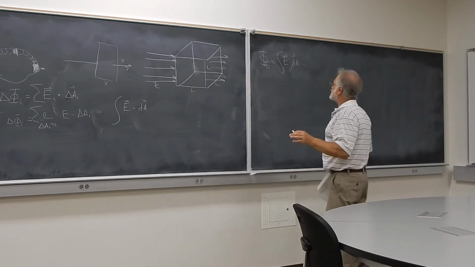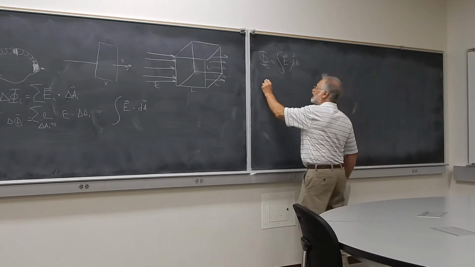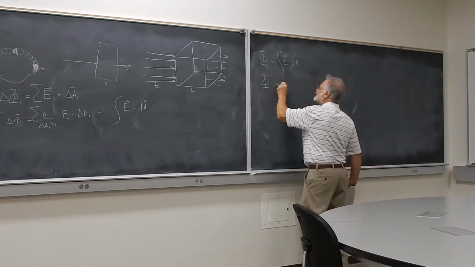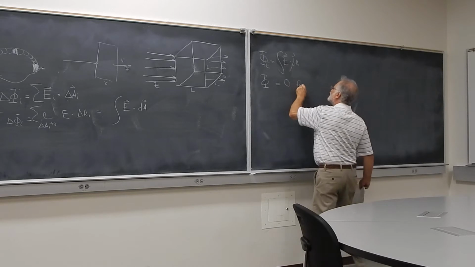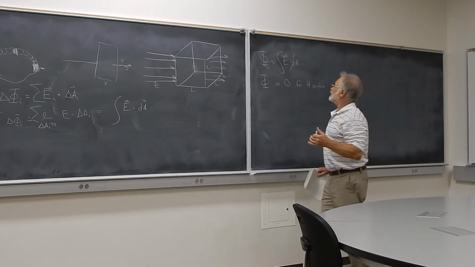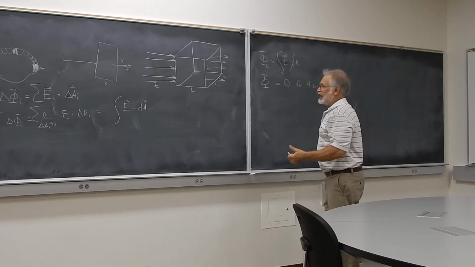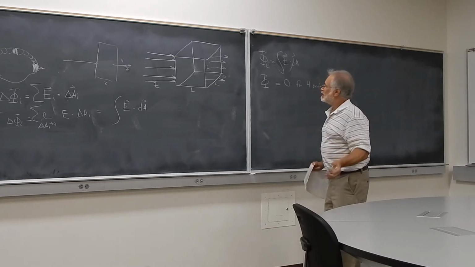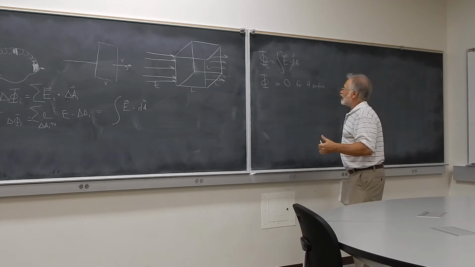Each of those surfaces is parallel to E. So the flux in each of those cases is identically 0 because the angle between E and dA is 90 degrees. E dot dA would be 0.